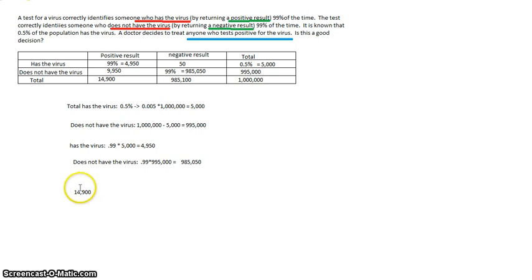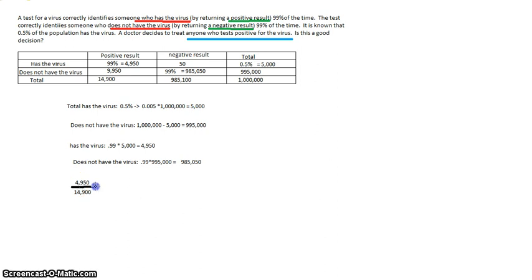So those that actually have the virus is 4,950. I want to know what is the probability here. All I have to do is take my 4,950 divided by my 14,900, and that will give me a percentage.